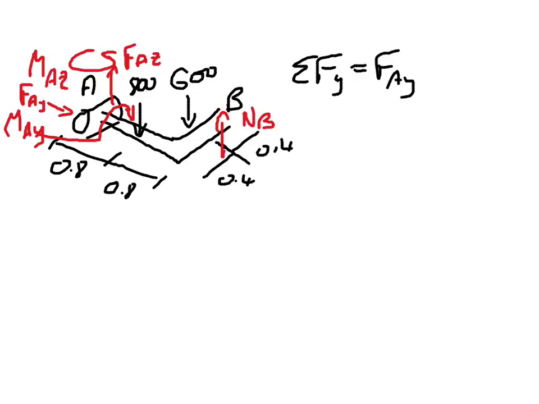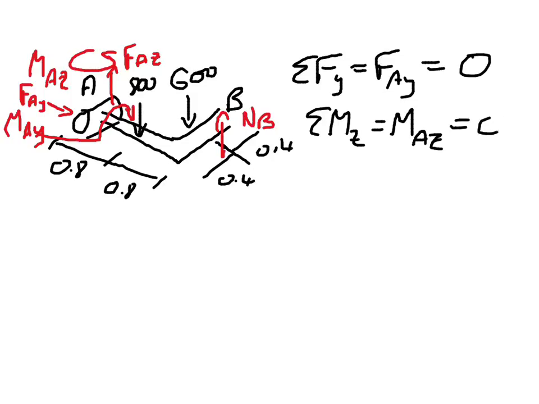FAY is just going to equal 0. The next one we could look at is the sum of the moments about the Z-axis. There's nothing pushing in the X or the Y direction, so there are no moments about the Z-axis apart from the one we've identified, MAZ. So that also equals 0.